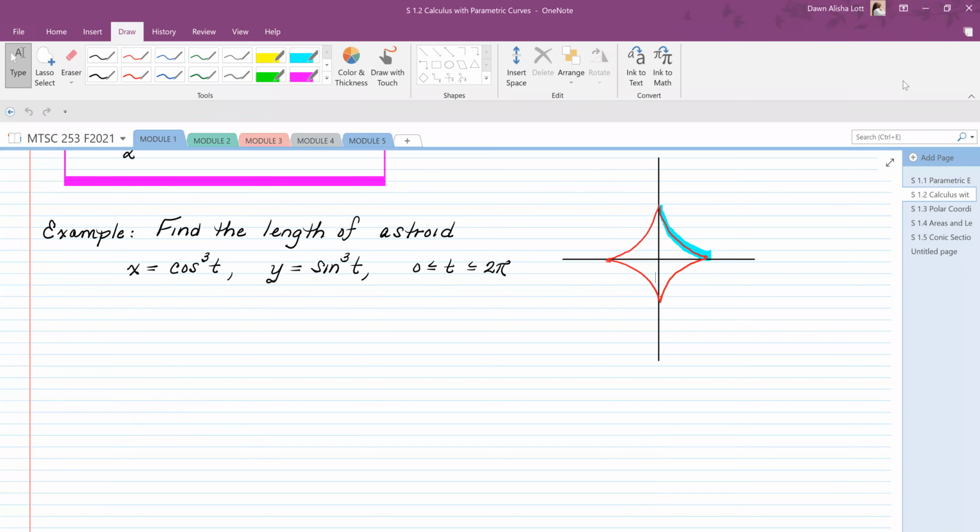And we already know that the length formula is the integral from a to b of the square root of x prime of t squared plus y prime of t squared dt. So let's find x prime of t.